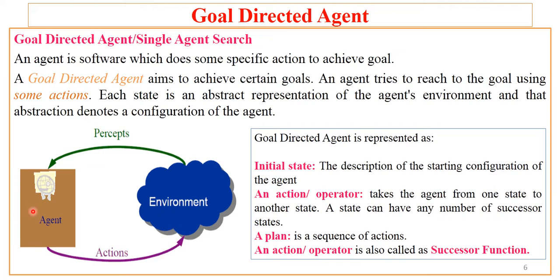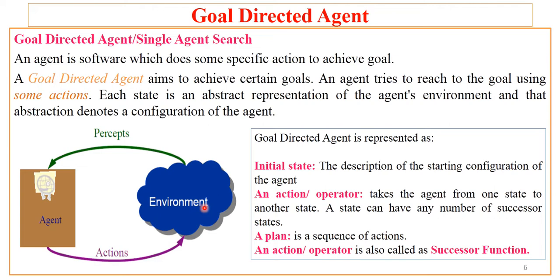Now here the agent takes some input from the environment, which is called a percept. The agent program has certain rules defined inside the program itself, and considering those rules it takes a set of actions and makes changes in the environment. That means if it is at the initial state, using certain actions it will reach an intermediate state, and eventually it may lead to the goal state.